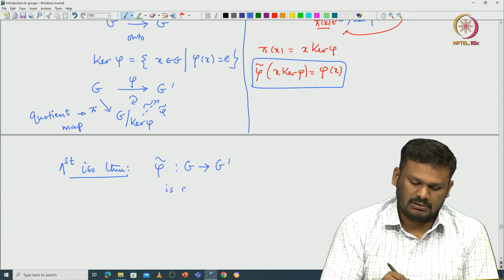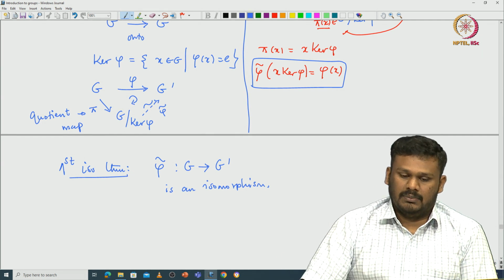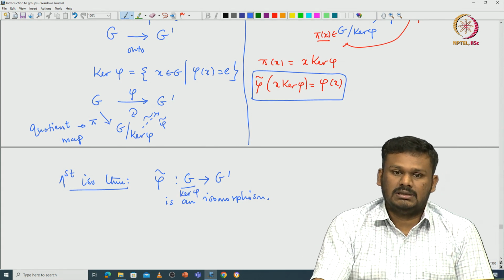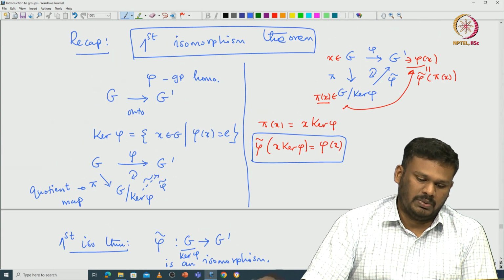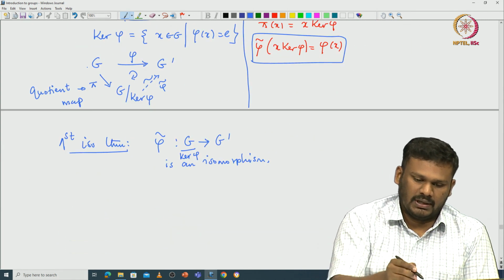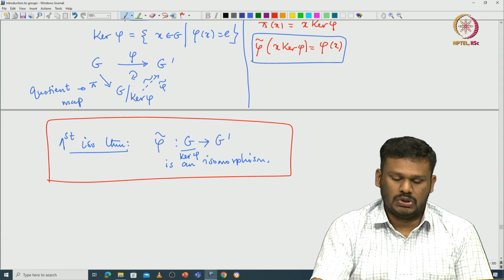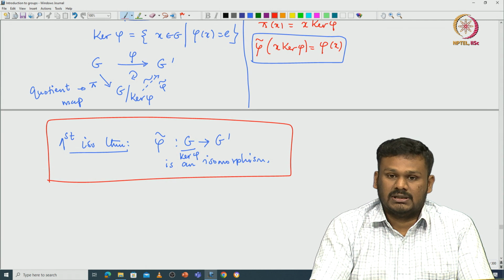The way I stated the map phi tilde, it is from G modulo kernel phi to the image of phi, but here I have assumed to begin with that the map is onto, so the image is G dash. So one can rewrite the first isomorphism theorem as this. No issue. And we have seen various applications of this first isomorphism theorem.